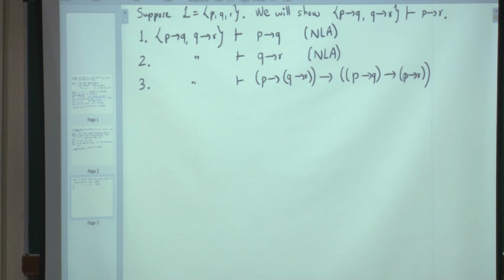I mean, this seems okay, because ultimately we are going to get P implies R. And we will need two applications of modus ponens. Can you see that? The first application to get rid of this part, and the second application to get rid of this part.